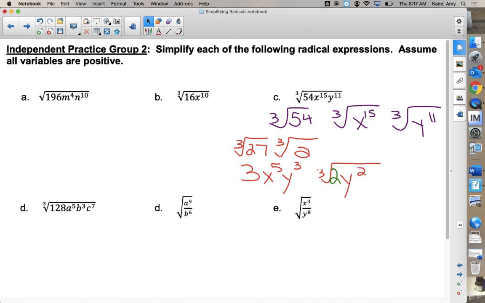Brady, 19, Emma, 25. And I promise tomorrow will not be a whole period of notes. We'll do a couple examples with adding and subtracting.